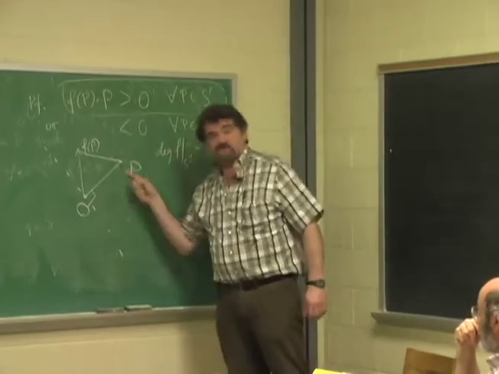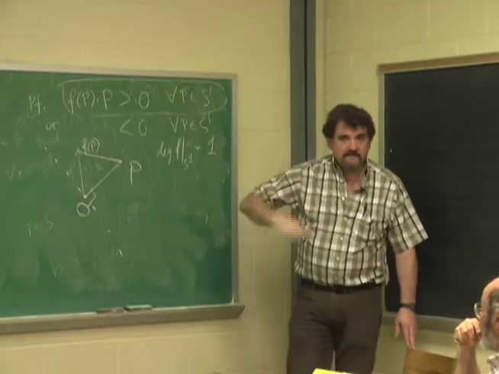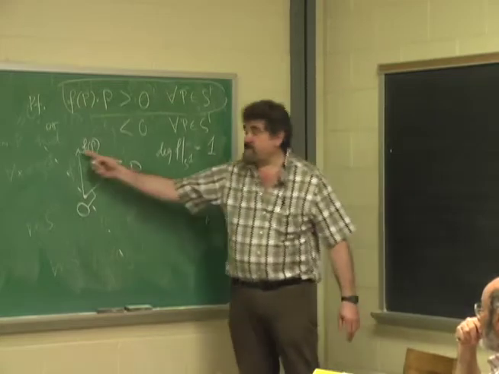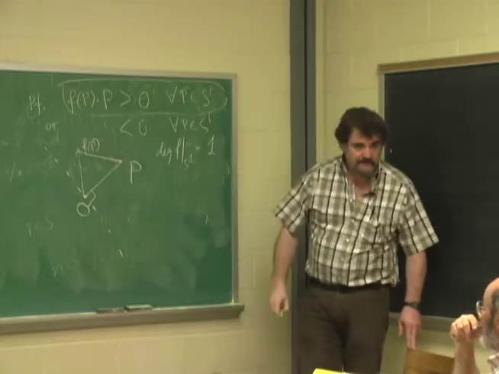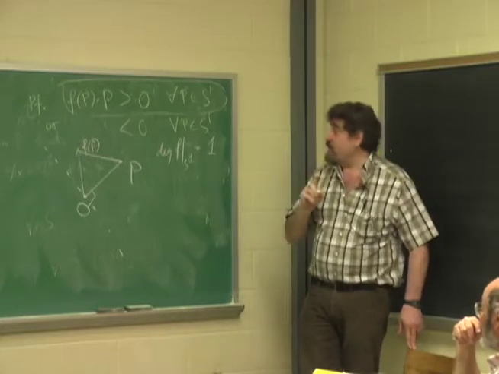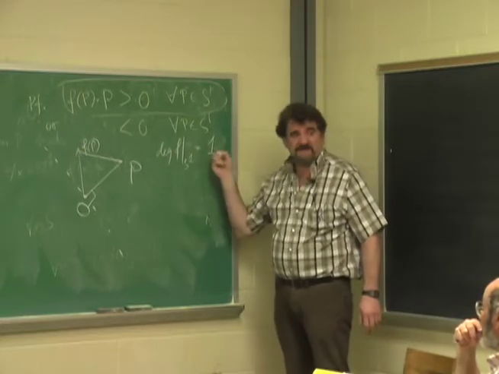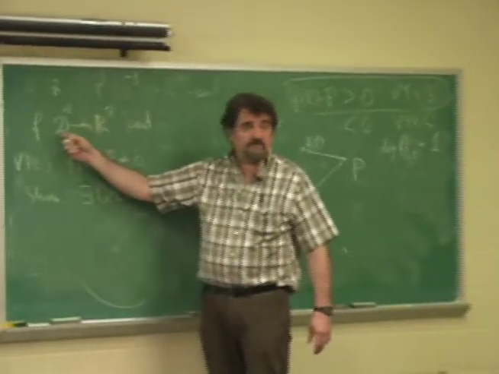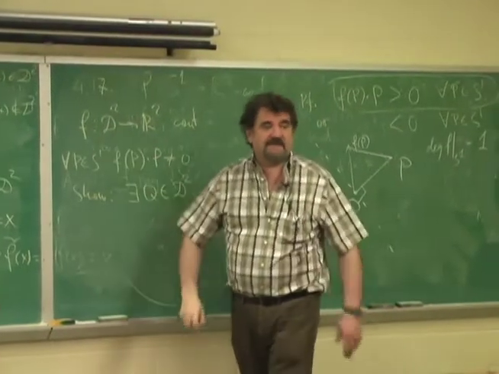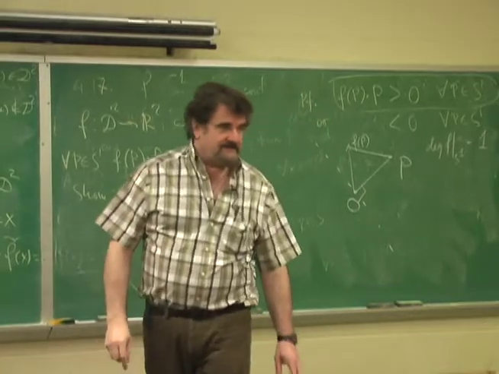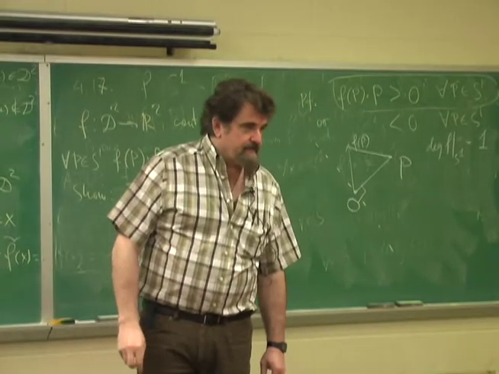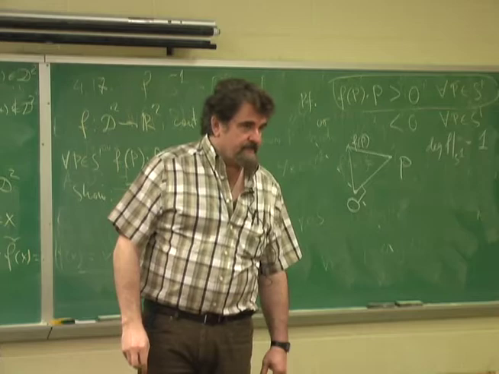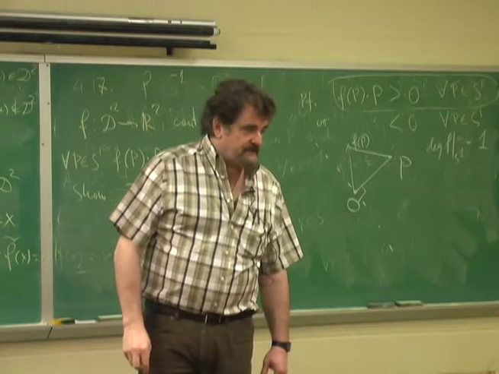Because if I go around, I get winding number 1, so the winding number of f of p is also 1. And we already know that if degree is 1 and f is extendable to here, then it must take all values inside the circle. We already did it.